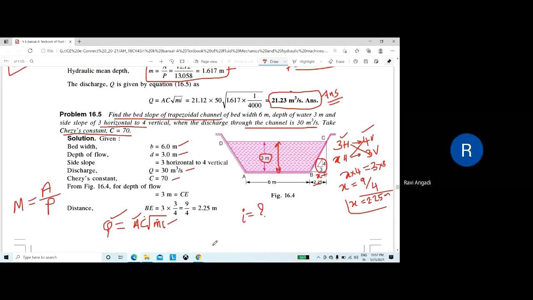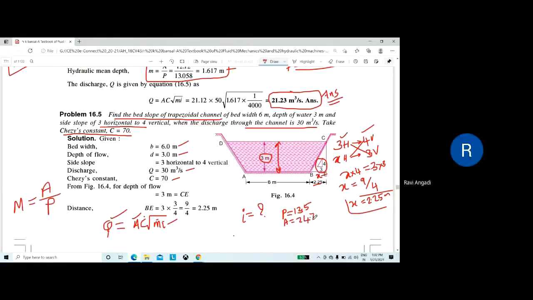What is the bed slope of the trapezoidal channel section? Yes, what is the answer? Tell me what answer you have got. Sir, P is 13.5. I'll write here 13.5. Next, area is 24.75.